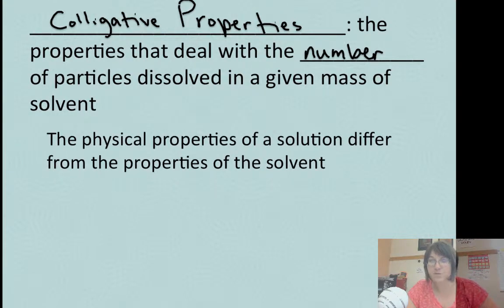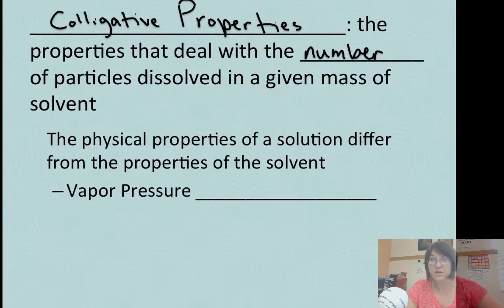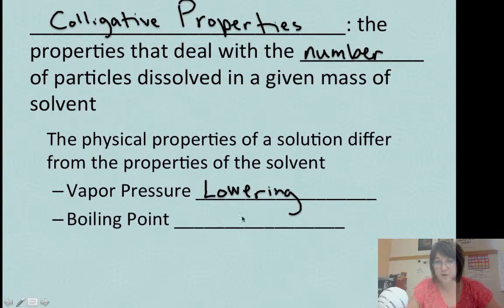The physical properties of a solution will be different from the properties of just the solvent all by itself. A pure solvent may have a vapor pressure that is usually higher. So we call this vapor pressure lowering, because a solute lowers the vapor pressure.